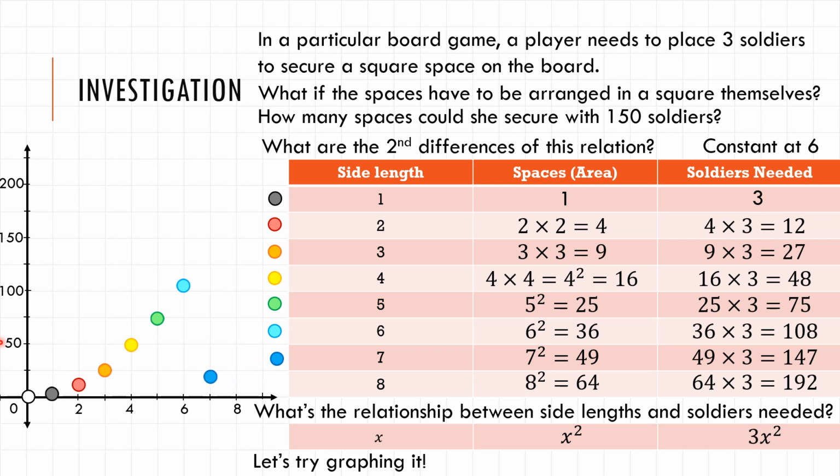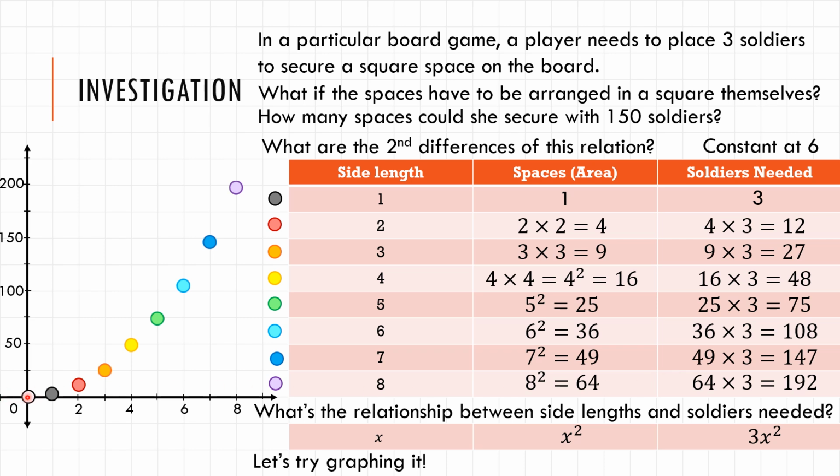7 and 147. And 8 and 192. So I have plotted all of these points on this graph. Notice they all fit because I set myself up for success by making the axes really tailored to my table of values.